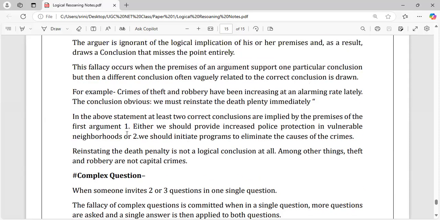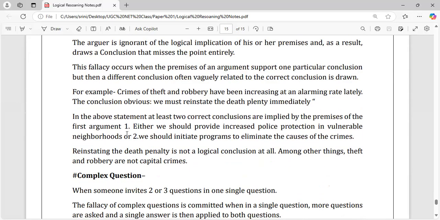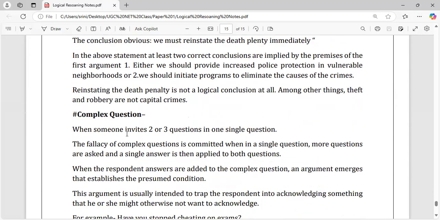Instead of drawing these two progressive conclusions, someone draws the conclusion that crimes and robberies are increasing, so we have to reinstate the death penalty. That is just missing the point, because it is not going to control anything. Reinstating the death penalty is not a logical conclusion at all. Among other things, theft and robbery are not capital crimes.